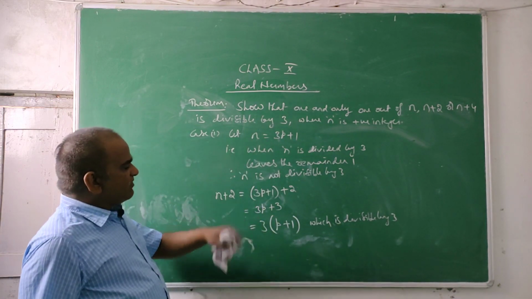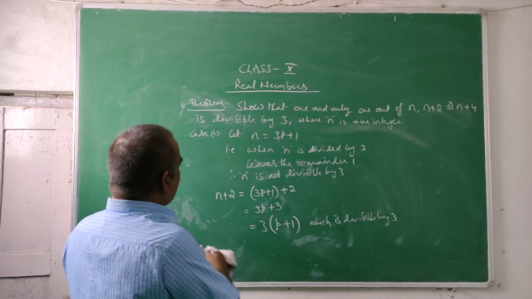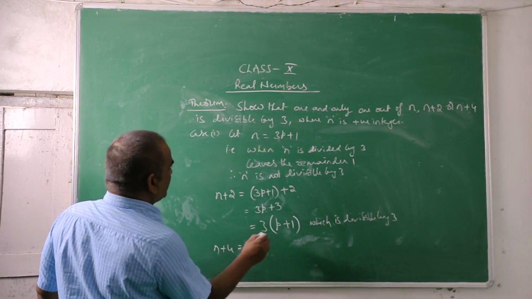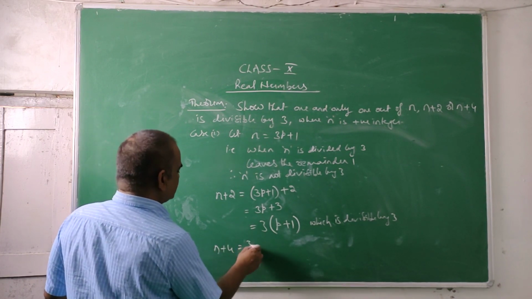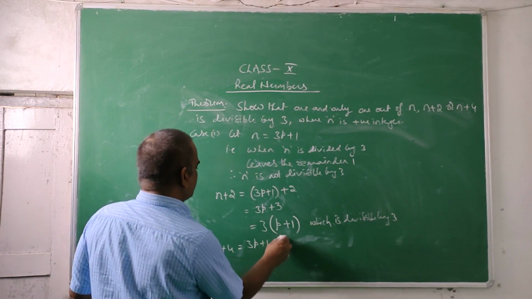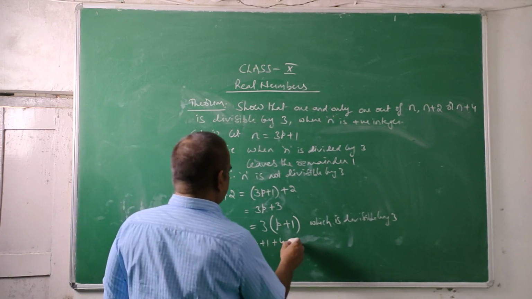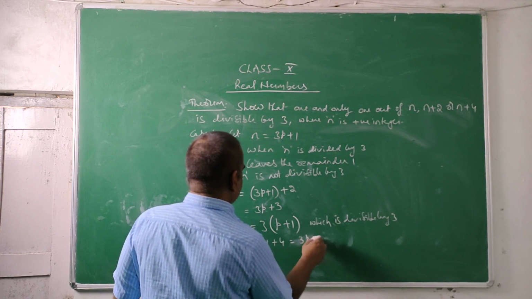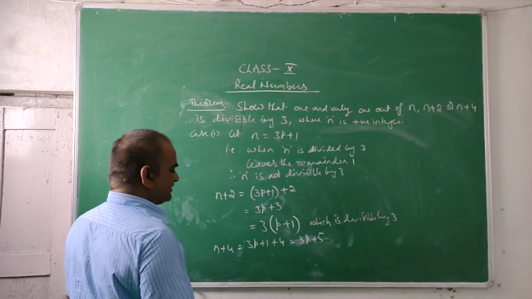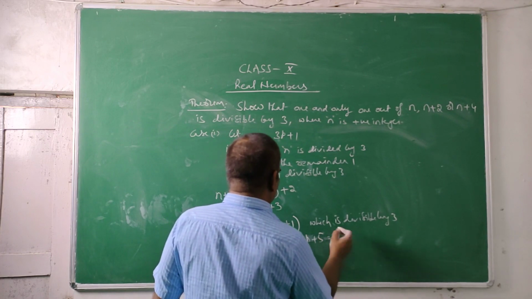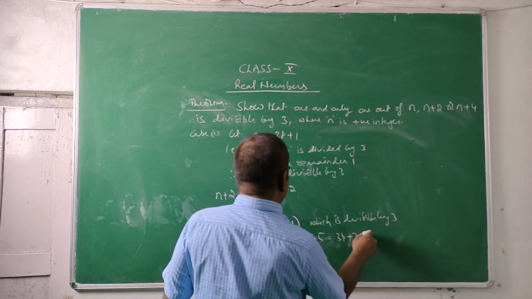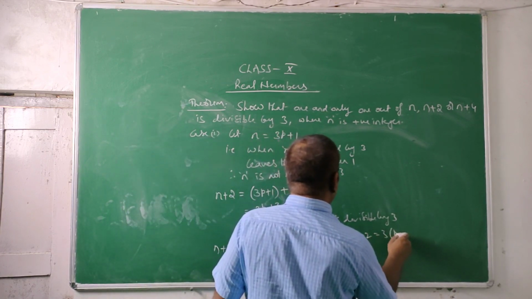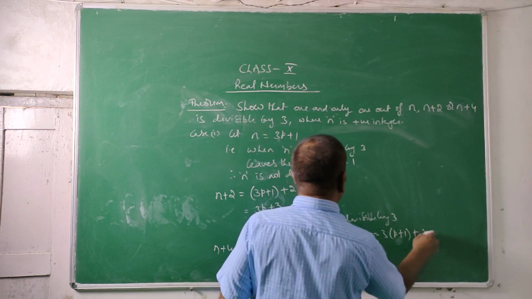Now let us see n plus 4. If you take n plus 4, where n is 3p plus 1, plus 4, which is equal to 3p plus 5, in fact, which is equal to 3p plus 3 plus 2, which is equal to 3 into p plus 1, plus 2.